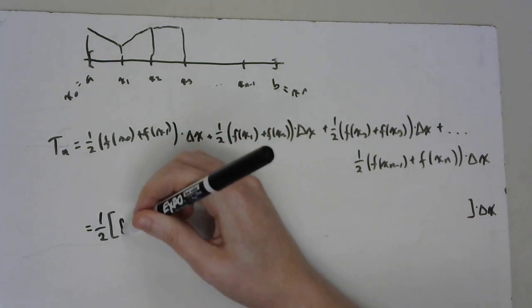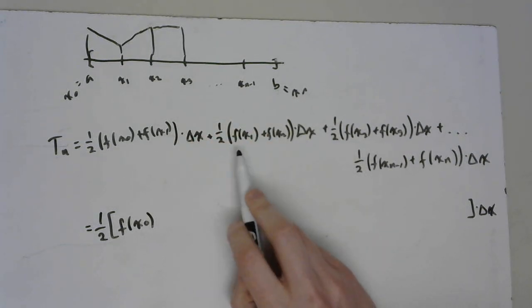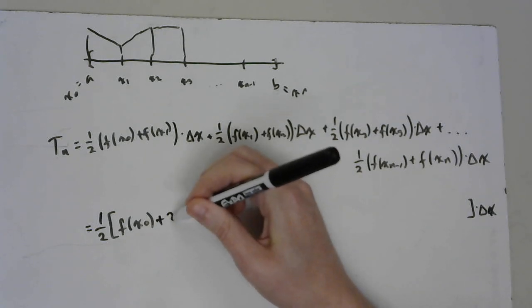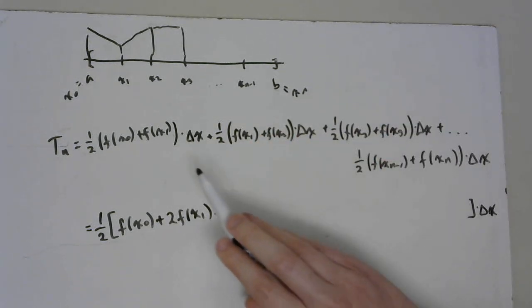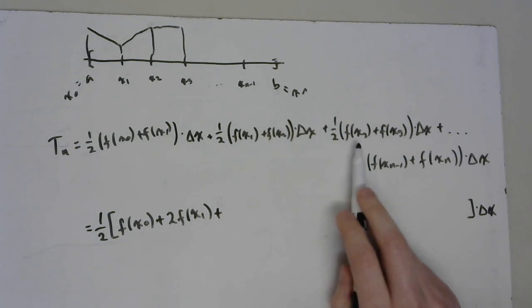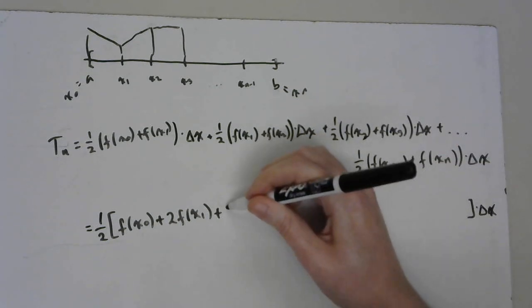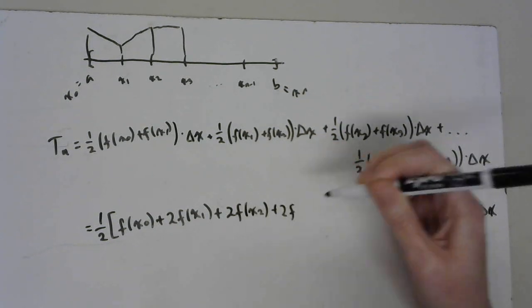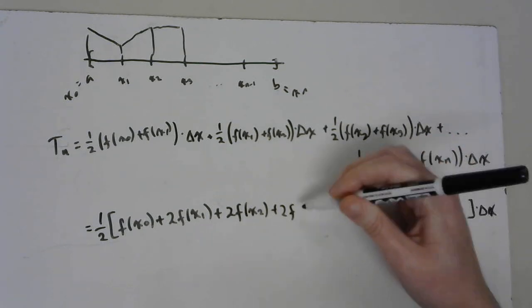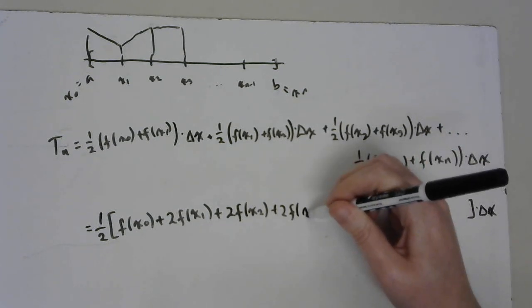So I've got my f of x sub 0. Add f of x sub 1, but I've got an f of x sub 1 over here as well. I can combine those two. Now I've got my f of x sub 2, but I've got my f of x sub 2 showing up again over here. My f of x sub 3 would have also shown up twice in this next term that I didn't write down.